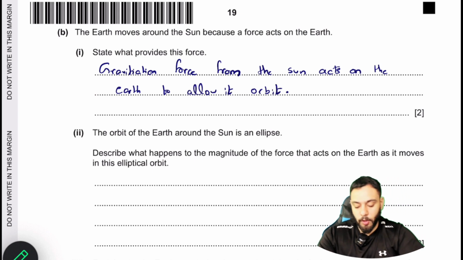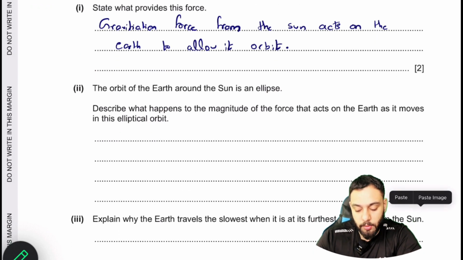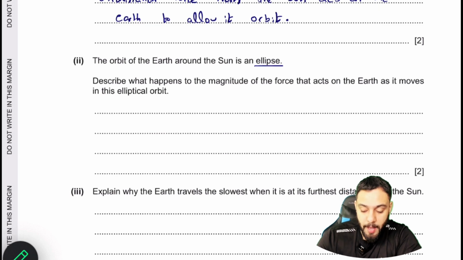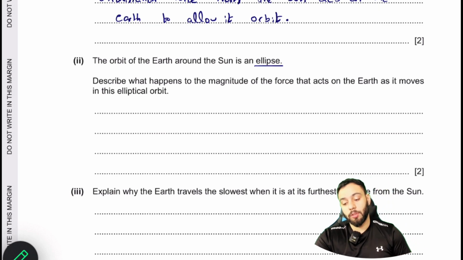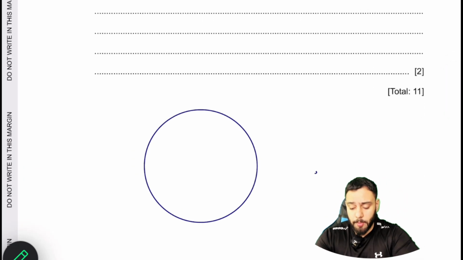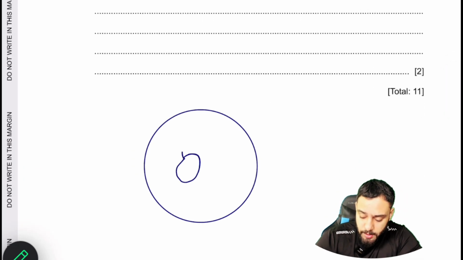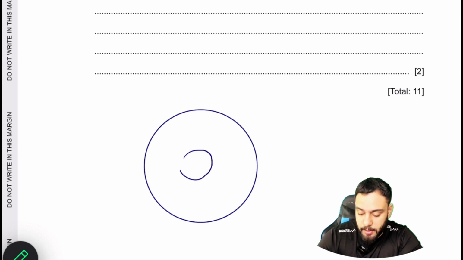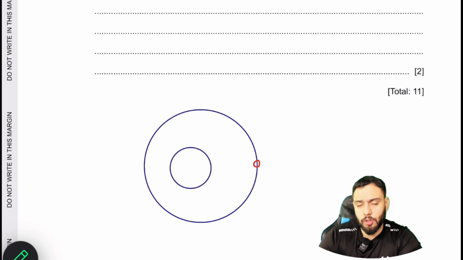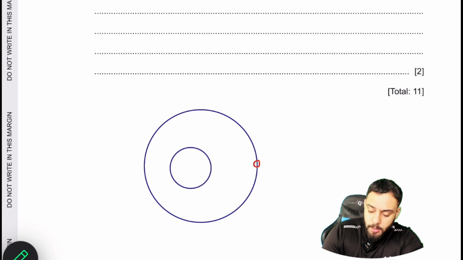Again, moving on, the orbit of the Earth around the Sun is an ellipse. Describe what happens to the magnitude of the force that acts on the Earth as it moves in an elliptical orbit. That's a very good question. If you look at an elliptical orbit, let's say this is the Sun, and the circle I drew is basically the orbit of the Earth. So Earth is moving like this. Just for understanding, it's not that elliptical, but okay.